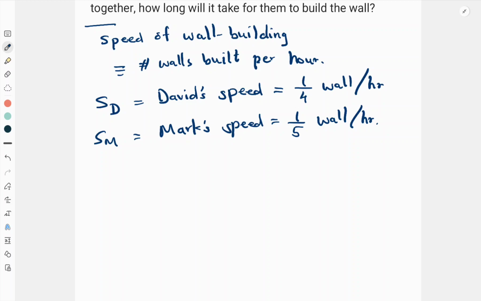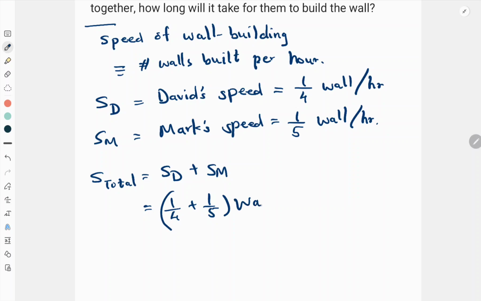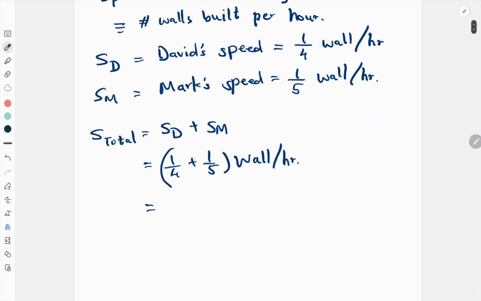So S total, which is the speed that they will get when David and Mark are working together, will be David's speed plus Mark's speed, which is 1/4 plus 1/5 wall per hour. If we equalize the denominator, this will be 5 plus 4 divided by 20.